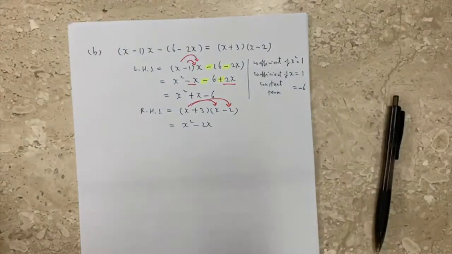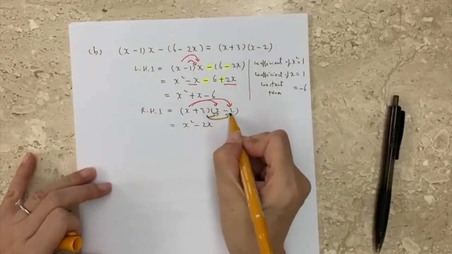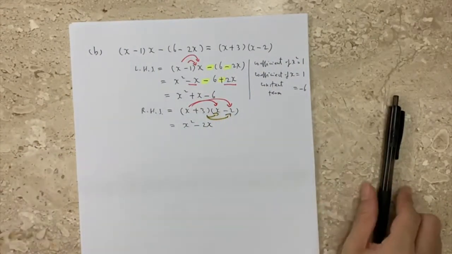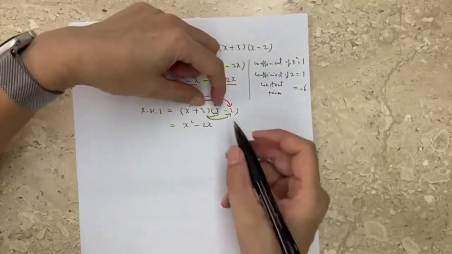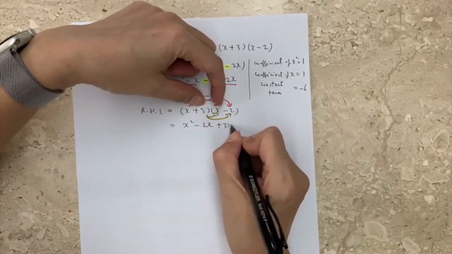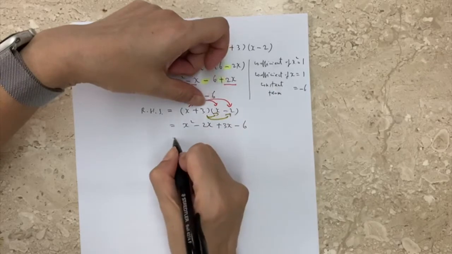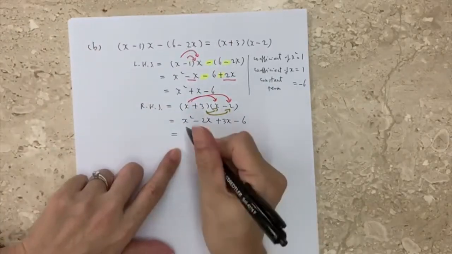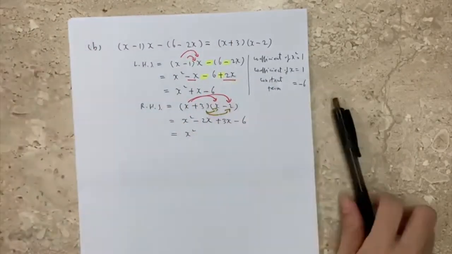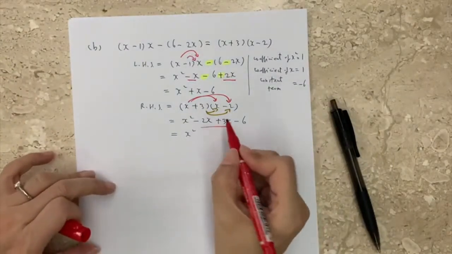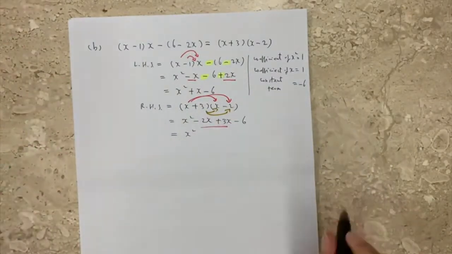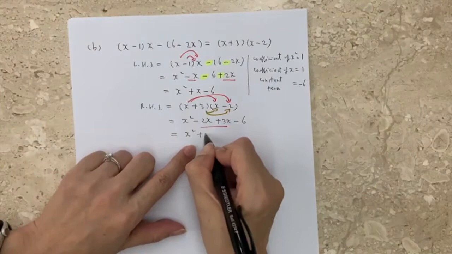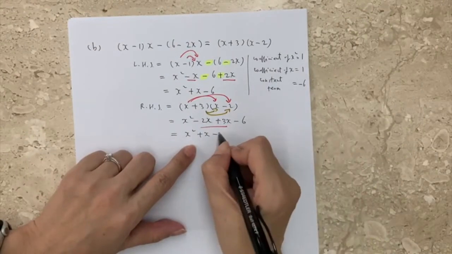After that we have this multiplication of polynomials: 3 times x is 3x and minus 6. Okay, simplify, starting with the highest degree. So what is this? Minus 2x plus 3x, so that is plus x, right, minus 6.